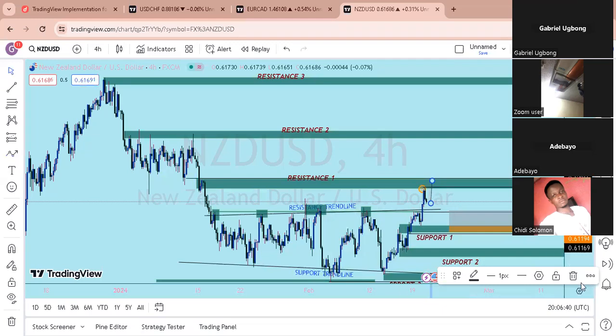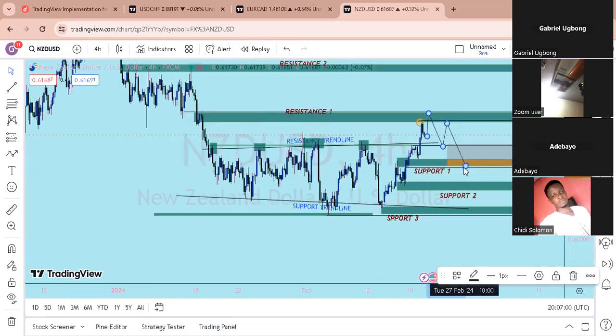I'm expecting the market to come here, come back to this place. It's going to go like this, then go back here. If it was a valid buy, then it will come back from that place.